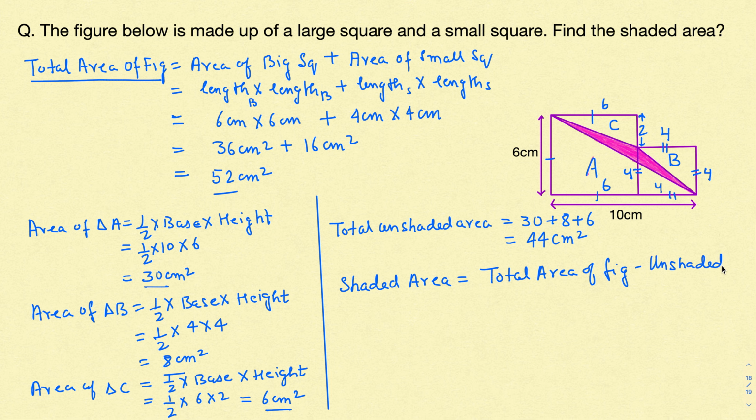We know both, right? The total area of the figure is 52 cm square, minus the unshaded area, which is 44 cm square. So 52 minus 44 will give us how much? 8 cm square. So the shaded area of this figure is 8 cm square.